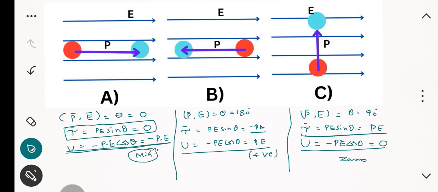Here the minimum potential energy, which is given by the negative value, shows that the system is stable. With the positive value of potential energy, we can say that the system is unstable. So whenever the torque is zero, the potential energy is maximum, and whenever the torque is maximum, the potential energy becomes zero. This is about the electrostatic potential energy in uniform electric field.